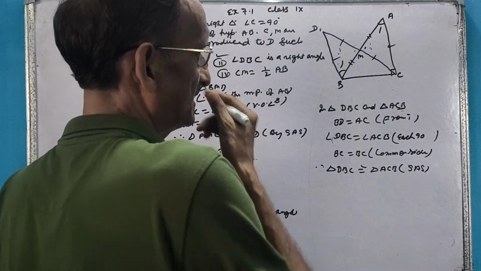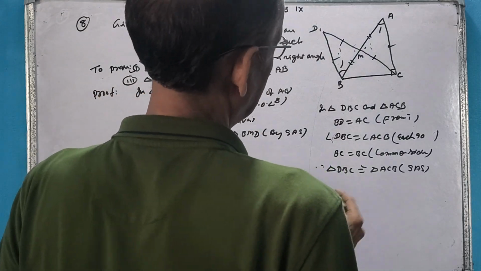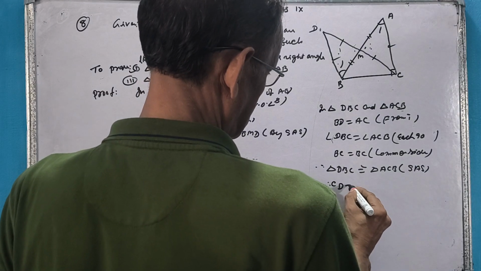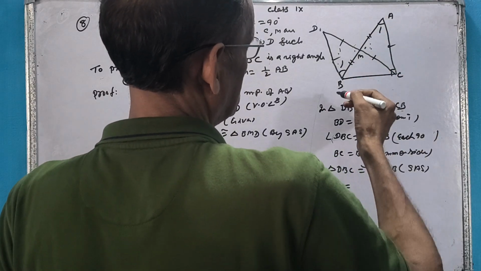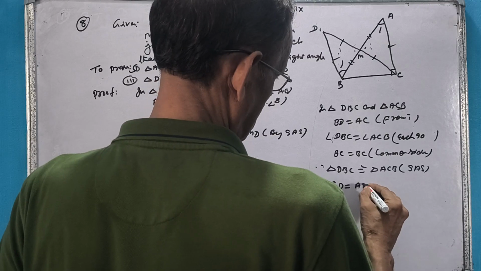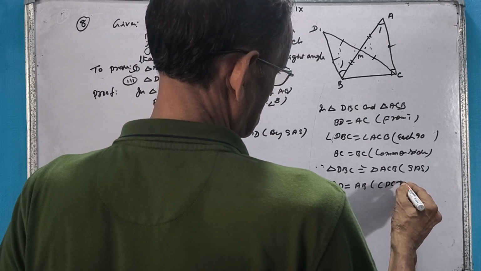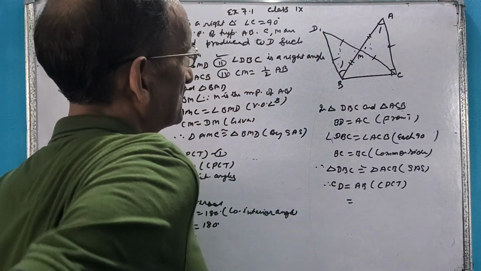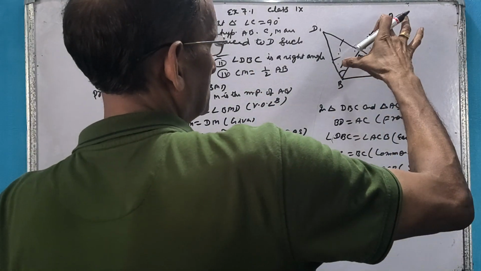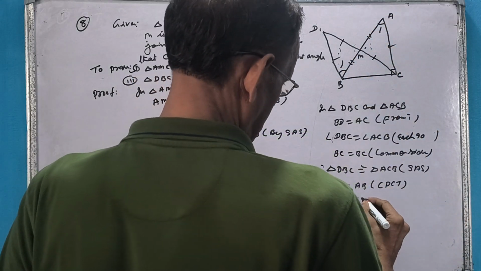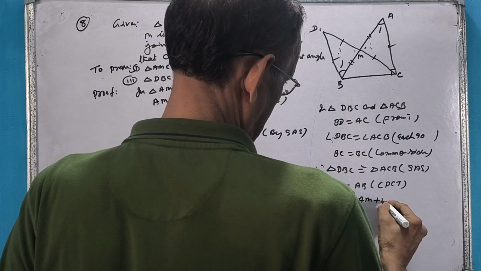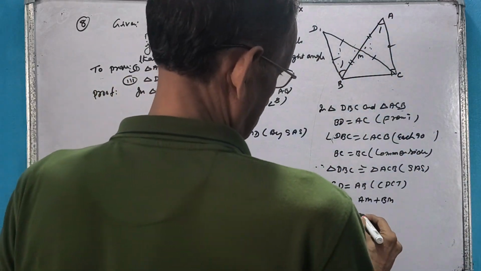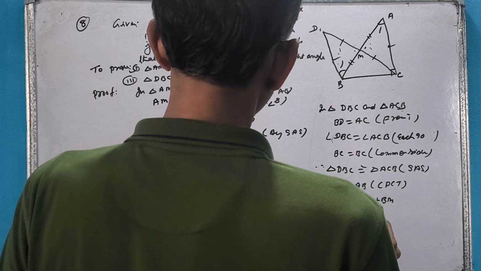Now, if triangles are congruent, then what will we get? Therefore, CD of triangle DBC will be equal to AB of triangle ACB, CPCT, corresponding parts of congruent triangles. What is AB equal to? AB can be written as AM plus BM. Very clear from the figure only, no reason required. Okay.